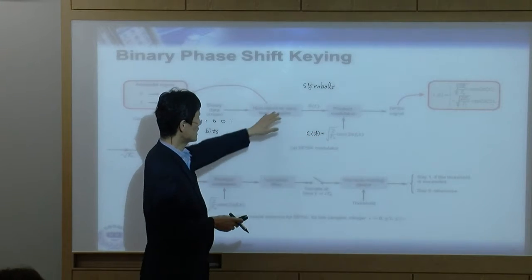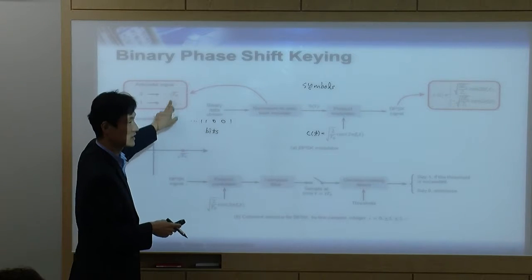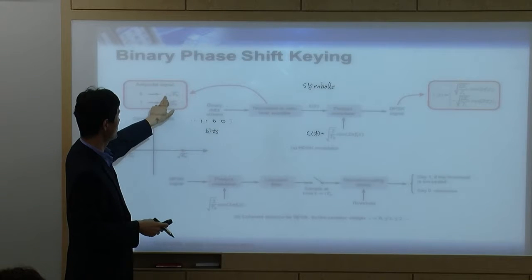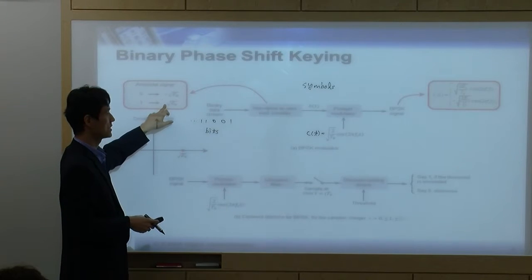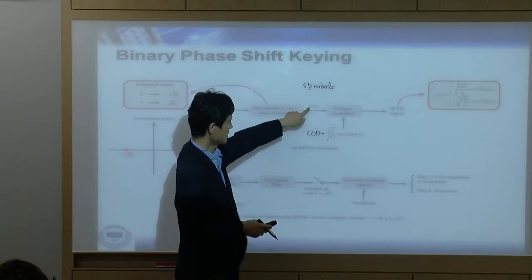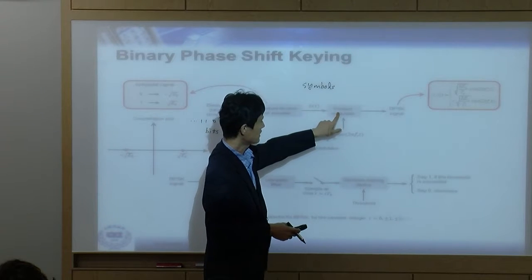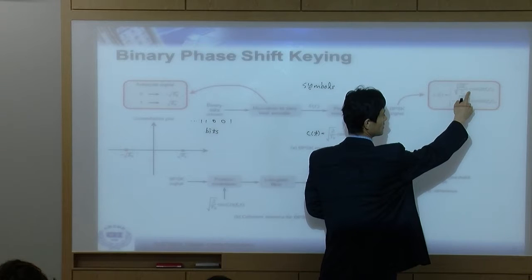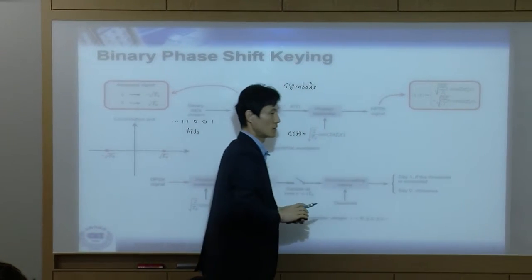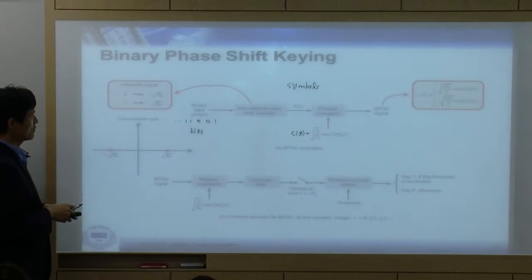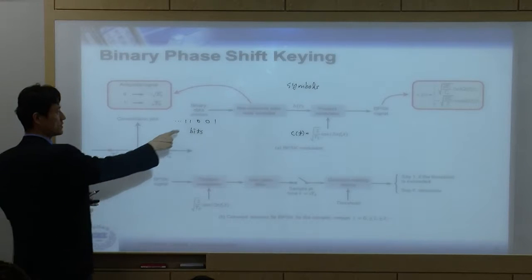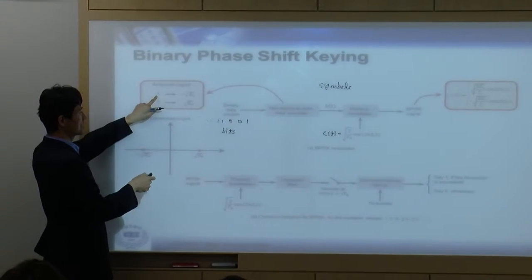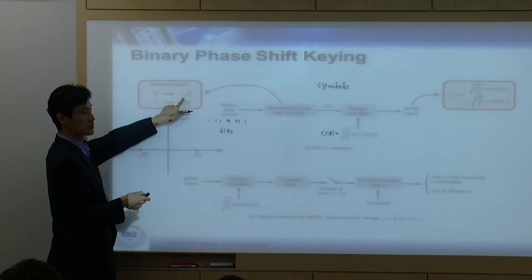So once you multiply this b(t), one of these, right? This is b(t), right? Minus root E_b or plus root E_b, that's b(t). On top of that, you multiply the carrier, eventually you are going to get s(t). And s(t) is going to be this one or this one. So based on this mapping, now you can see that if the original information is 0, then 0 is mapped to minus root E_b.